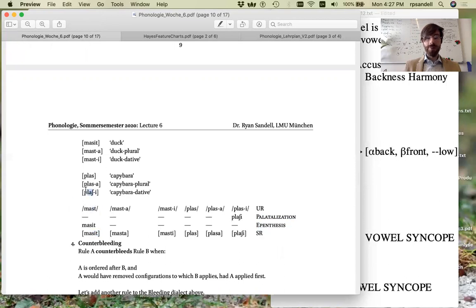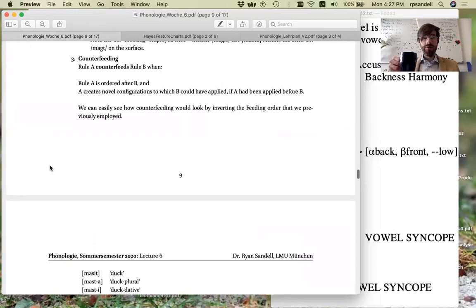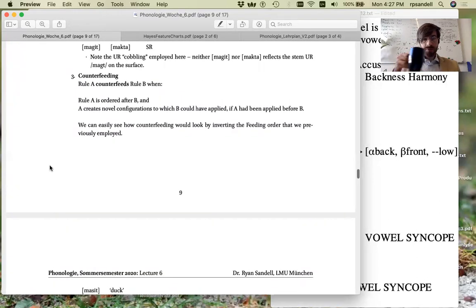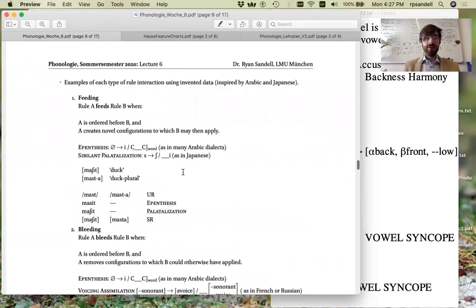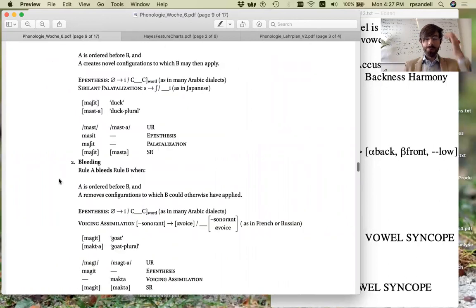It doesn't become sh. So to review this once more, in this case, we would say that epenthesis counterfeeds palatalization because, as we can see in the form masit, epenthesis creates an environment to which palatalization could have applied if epenthesis had applied prior to palatalization, which is what we saw in the feeding case above.